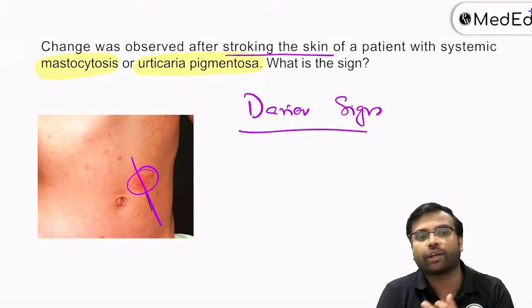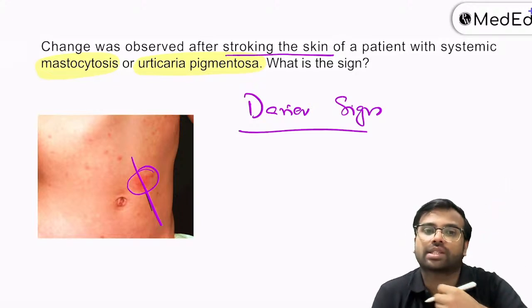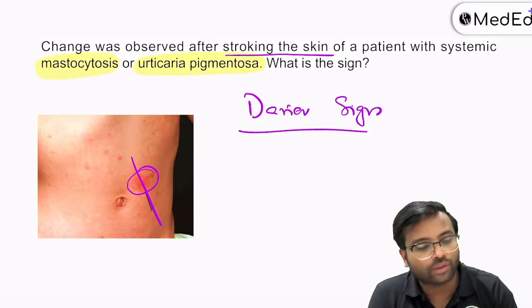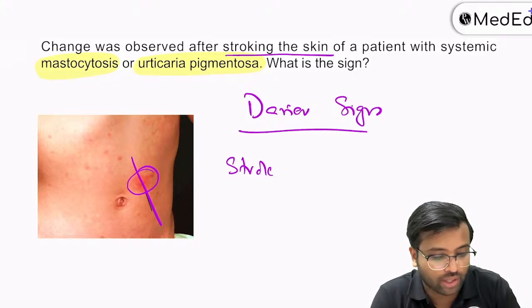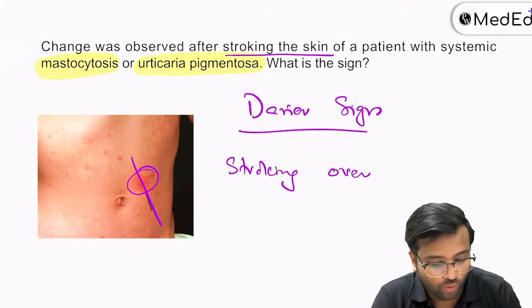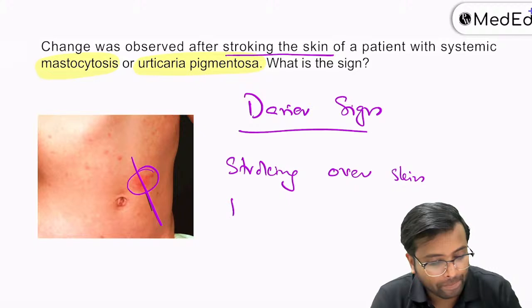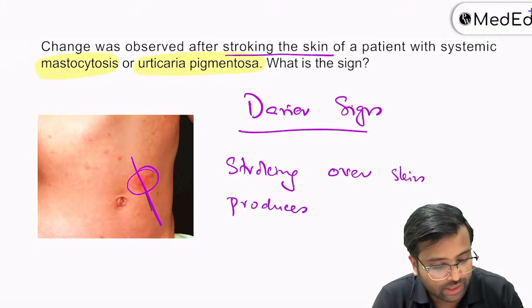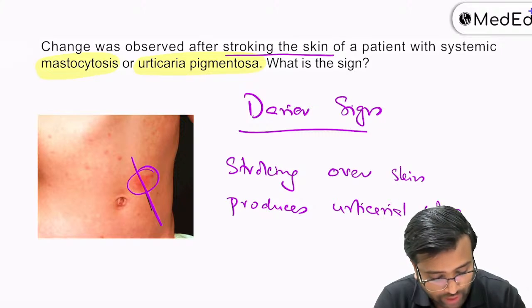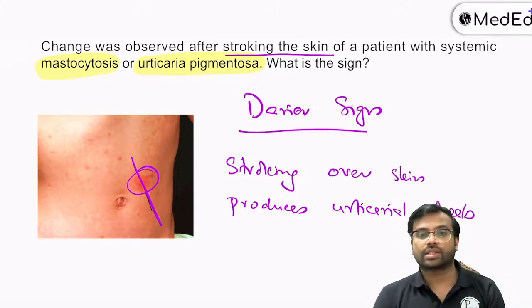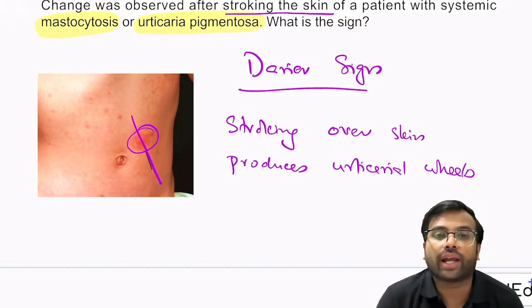In those kind of patients, when you just stroke over the skin, the stroking over the skin produces urticarial lesions. Stroking over the skin produces urticarial wheals. This is called as Darier sign.